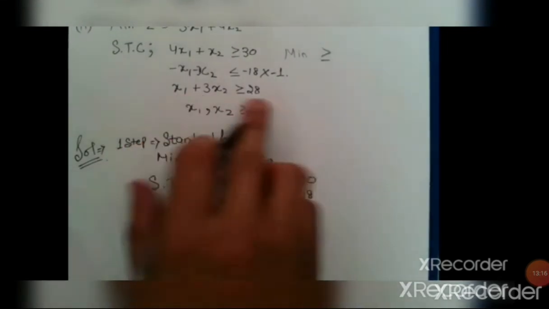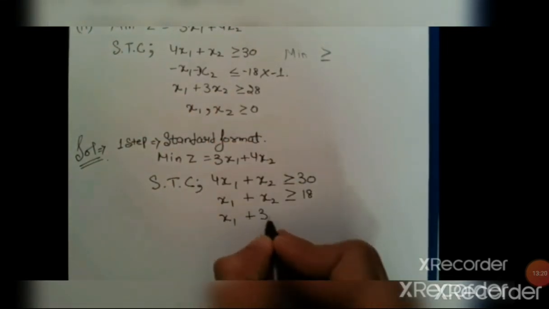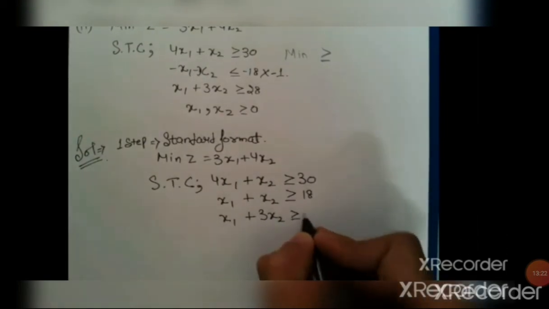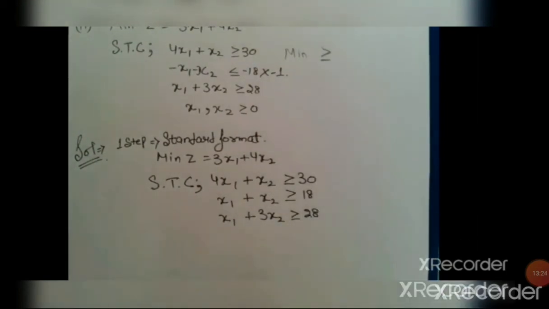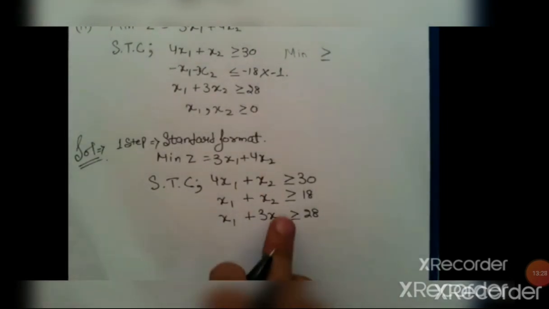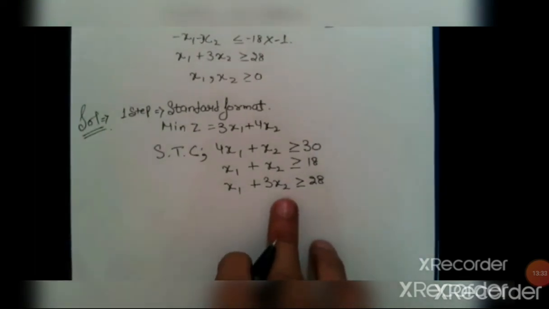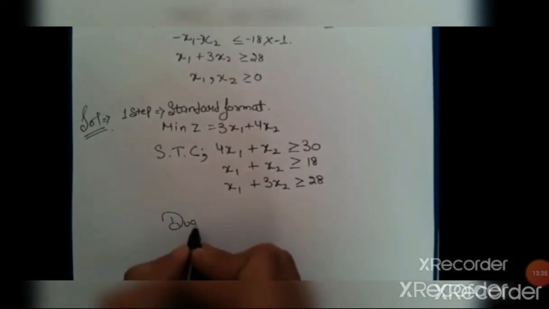Then x1 plus 3x2 greater than or equal to 28. x1, x2 greater than or equal to 0. So this is the primal problem.